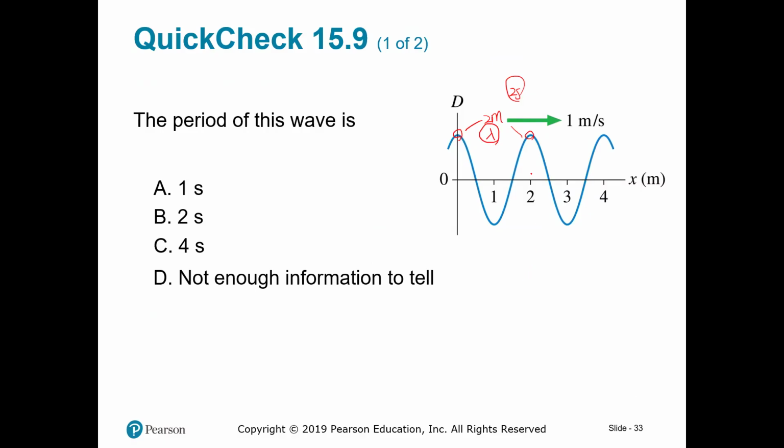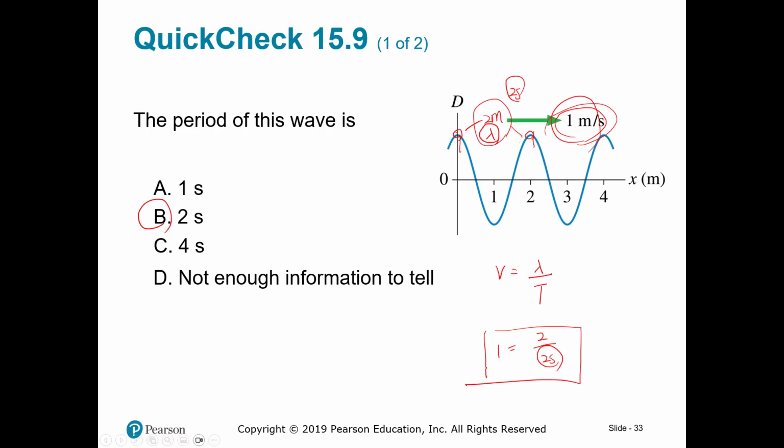Your wavelength and wave velocity relate like this: the distance you travel from here to here, and how long it took, is the period T. They assume the velocity of this wave is 1 and lambda is 2, so T has to be 2 seconds as well. So your answer is B, not because this length is 2, but because the combination of this length and speed gives you a period of 2 seconds.